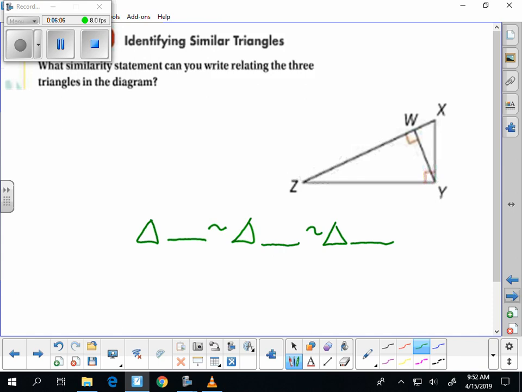In this case, if we start with XYZ, which is the big triangle, it's going to be similar to what on the medium triangle? Let's just talk about what we went by. On this big triangle, is this a long leg, a short leg, or a hypotenuse?